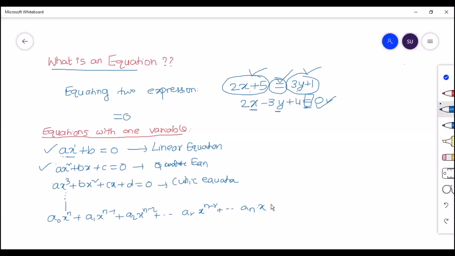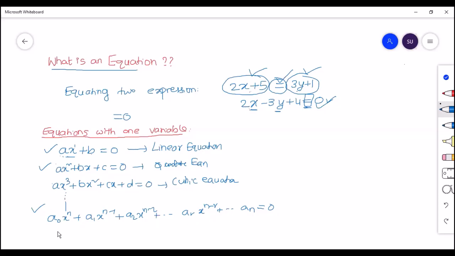So you can directly write it as an is equal to 0. Here this is called what? Nth degree polynomial equation. This is the general equation of an nth degree polynomial equation.